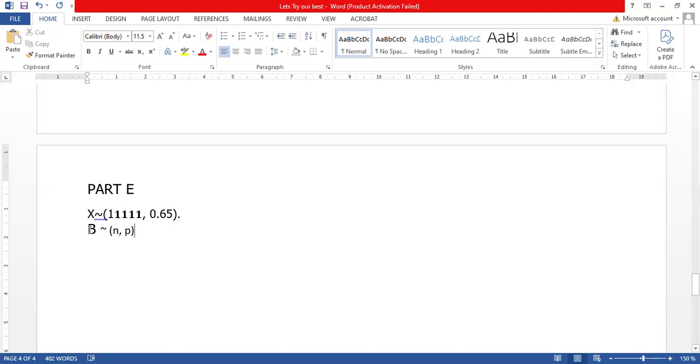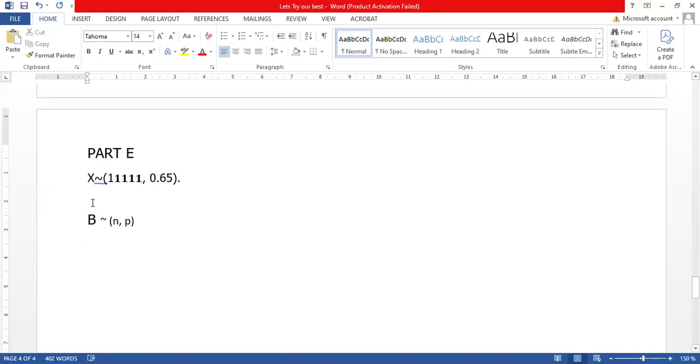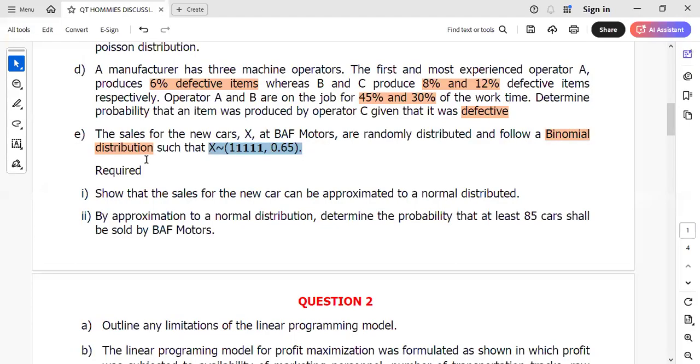So what do we need? We need to prove that this can as well be approximated to a normal distribution.